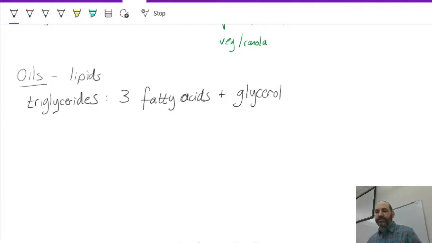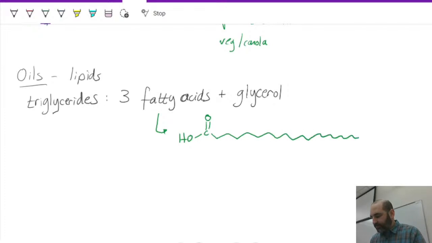Fatty acids are molecules that have this type of chemical functionality on one side: a carbon double bond with oxygen, and then OH, that's called a carboxylic acid, and then a bunch of carbon atoms with hydrogen behind. I'm just going to trail off there. You imagine that like a really long line structure. Let's call that the tail.